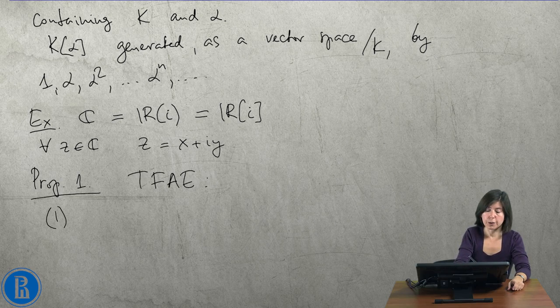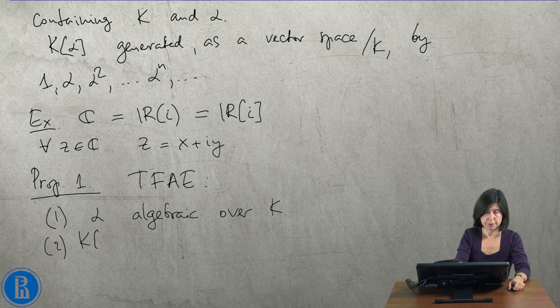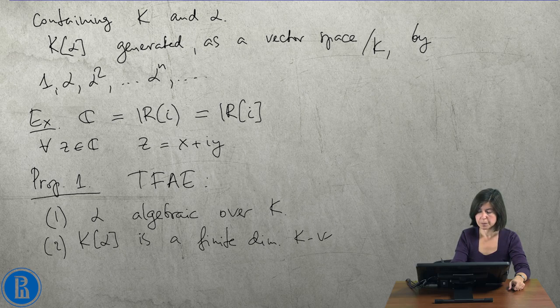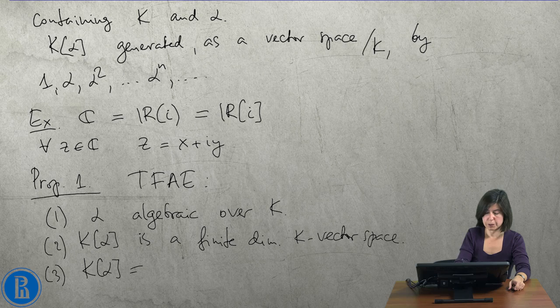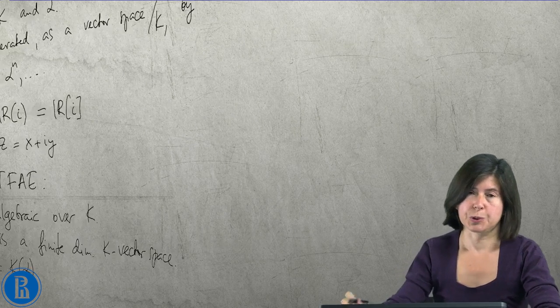First, alpha is algebraic over K. Second, K of alpha in square brackets, as a ring, is a finite dimensional vector space over K. And third, K of alpha as a ring is equal to K of alpha, that is, it is a field. So let me prove this proposition for you.